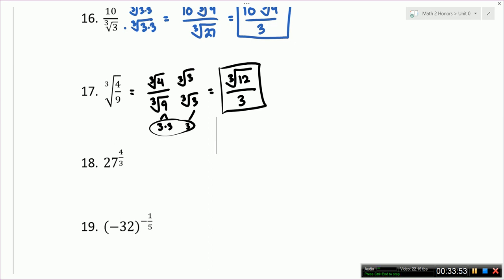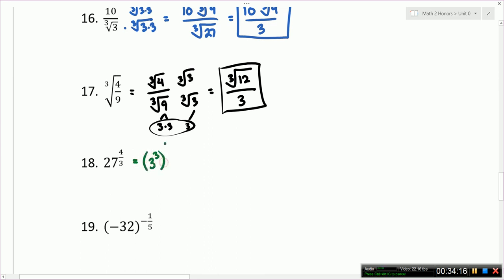Number 18. Initially, it may not be obvious that there's anything to do here. Check the base of the 27. Ask yourself, is 27 a power of some number? And in fact it is. 27 is 3 to the 3rd power.